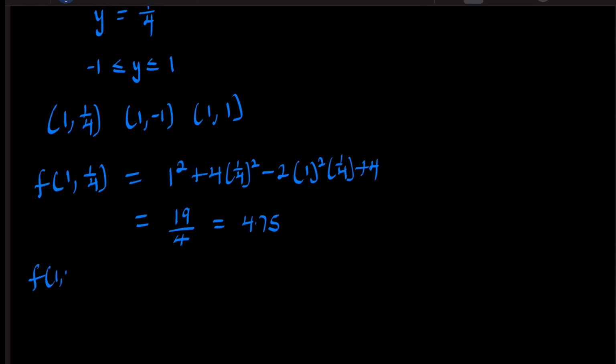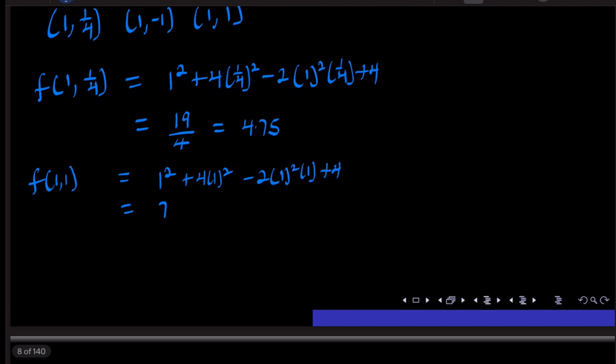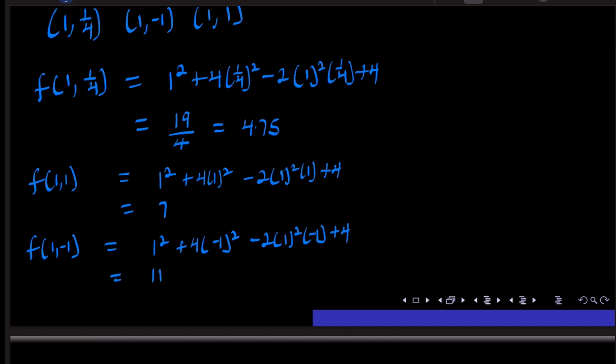That will be f(1, 1), and that's 1 squared plus 4(1) squared minus 2(1) squared multiplying 1 plus 4, and that's going to be 7. Then lastly, for f(1, -1), we are going to have 1 squared plus 4(-1) squared minus 2(1) squared(-1) plus 4 will give us 11.